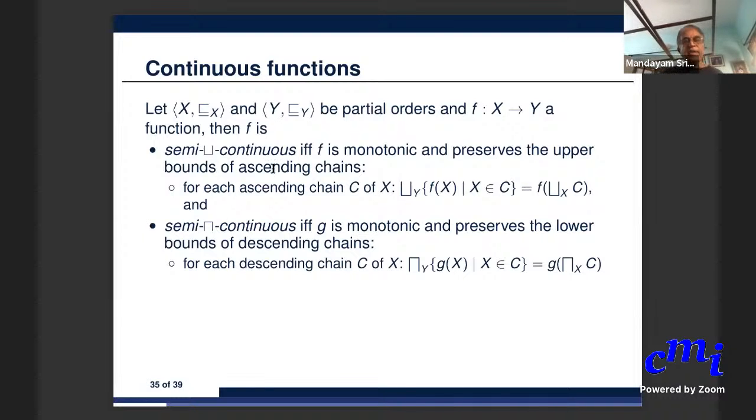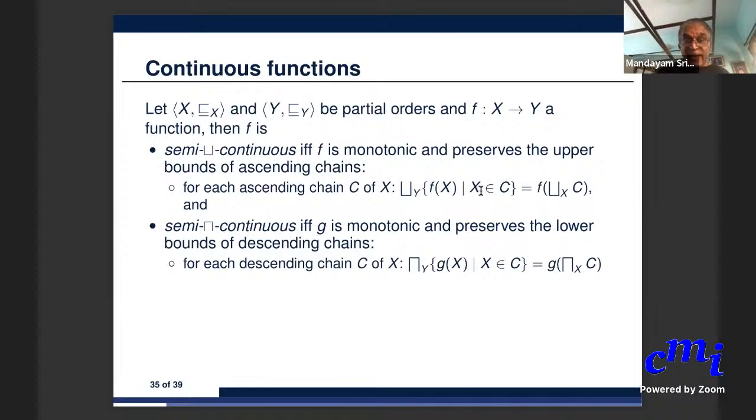So for join continuous, the definition is for every ascending chain C in the lattice, the ascending chain that you get by applying F.